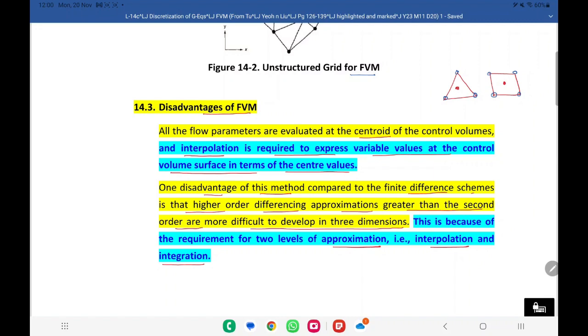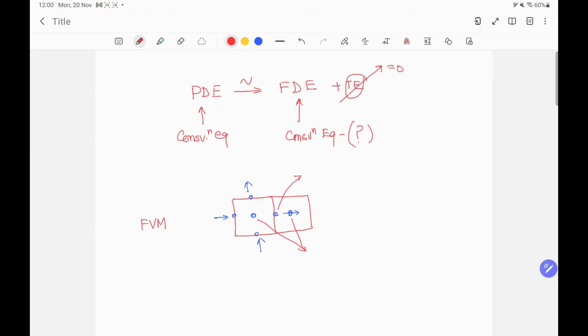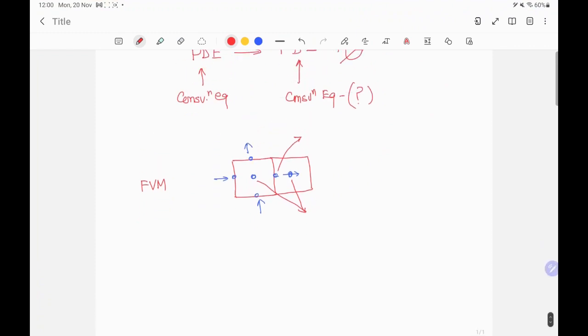In integration, I am going a bit too much into mathematics. Let's see this. If you have been asked to find the area under this curve, integral, simply area is equal to the integral of f dx.